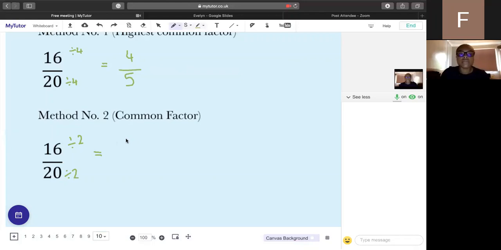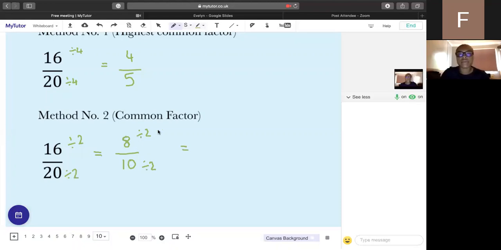So 16 divided by 2 is 8, and 20 divided by 2 is 10. Now here we have two even numbers again, 8 and 10, so we know 2 goes into both of these numbers as well. So we can continue. We can do 8 divided by 2 and 10 divided by 2.